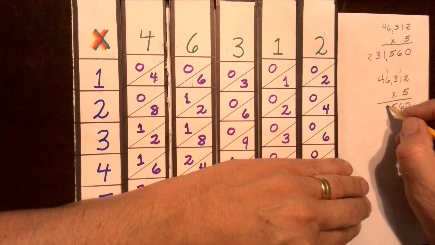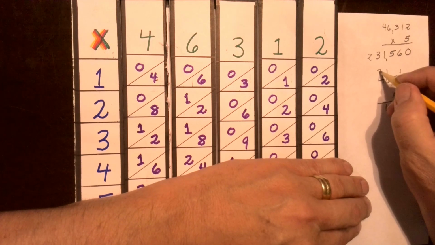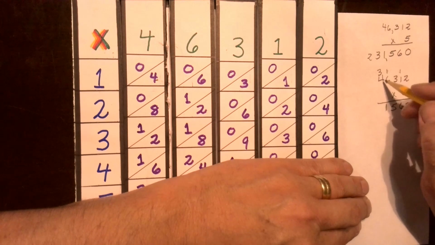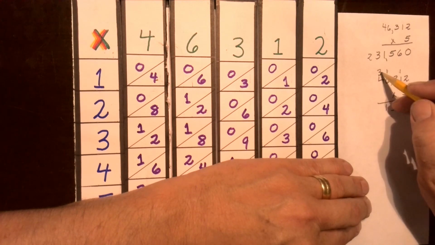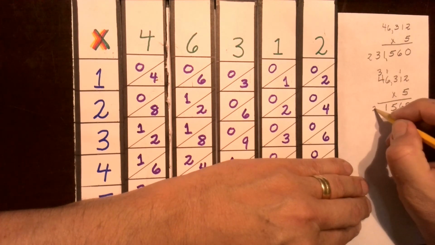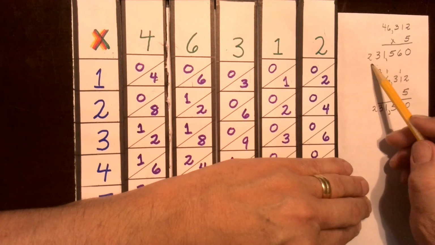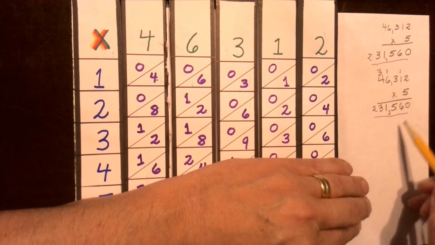Carry 3. 5 times 4 is 20, plus 3 is 23. So, as you can see, we've got the same answers both times. That means our calculator is correct.